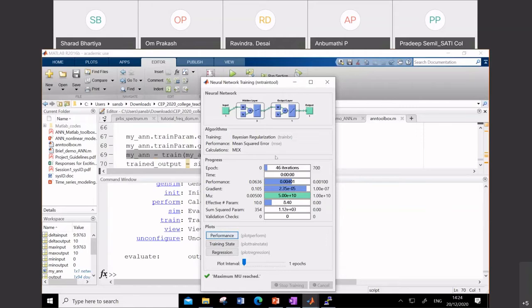So now it has trained it. Now look at this diagram. This diagram should be eminently sensible to you. You can see that there is the input layer, there is a hidden layer, and then there is an output layer. So you have 3 neurons in the hidden layer, and you can see this 3 written here. You have 1 neuron in the output layer, as you can see over here.